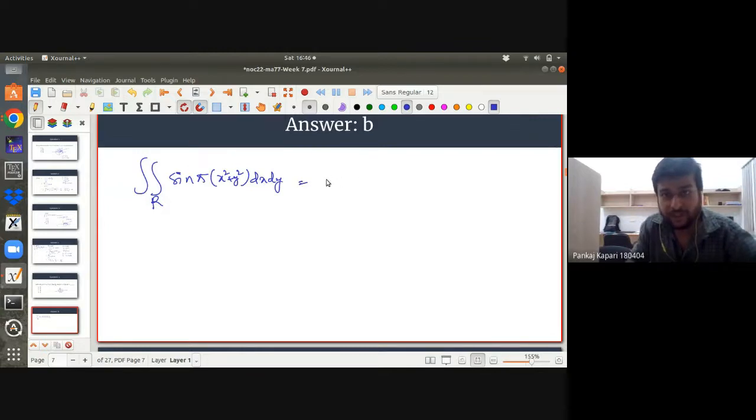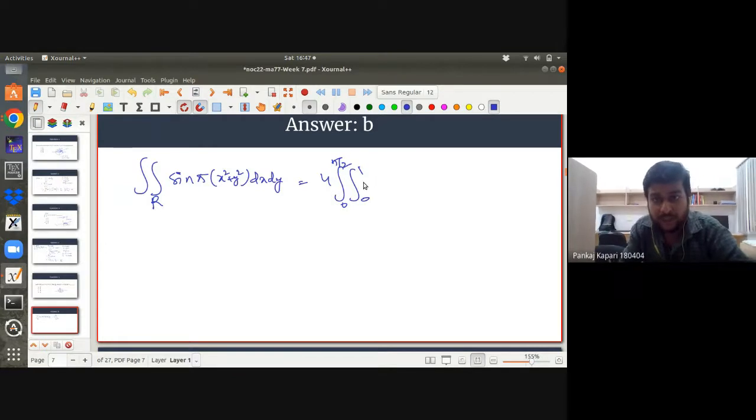If we change it, this will become 4 times the integral in the first quadrant, where r goes from 0 to 1 and theta from 0 to pi by 2. Instead of dx dy, we'll write r times dr d theta. So this is sine pi r square.